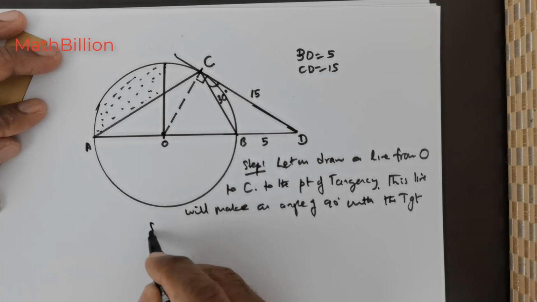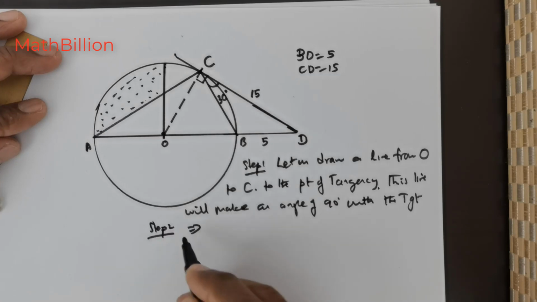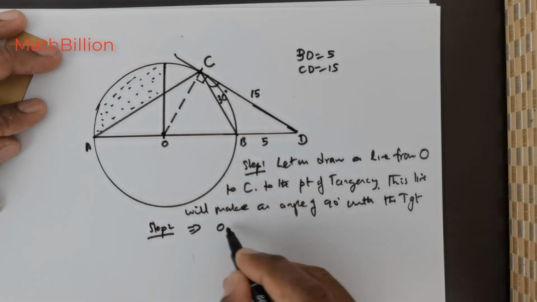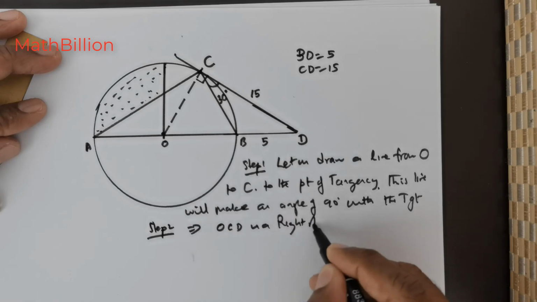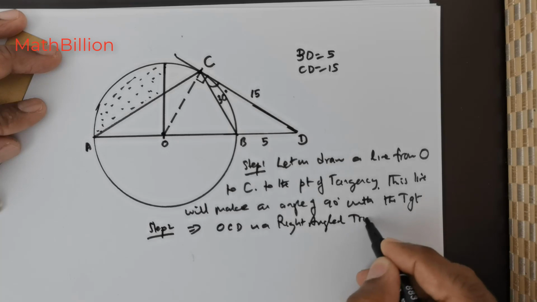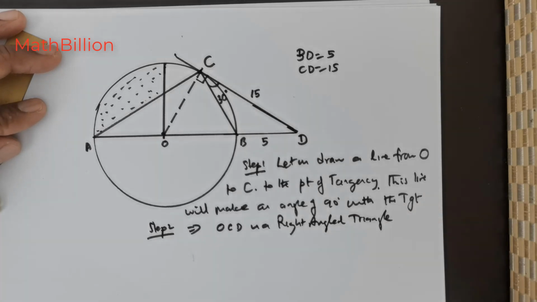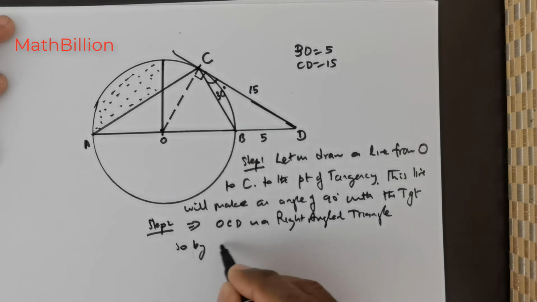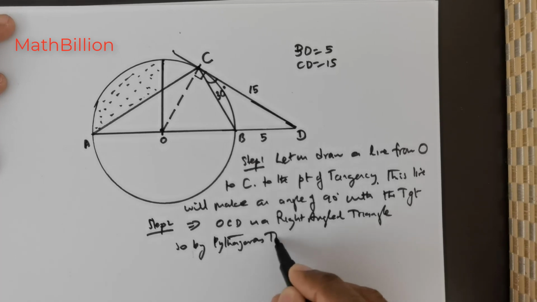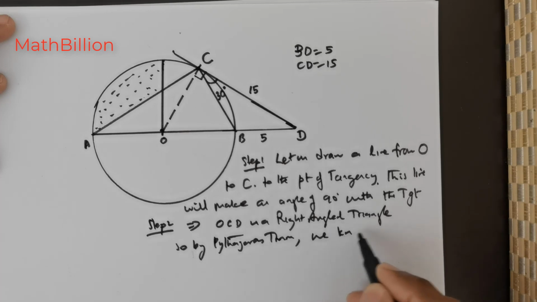Now step 2, so this means OCD is a right angled triangle, right? So by Pythagoras theorem, we know that.